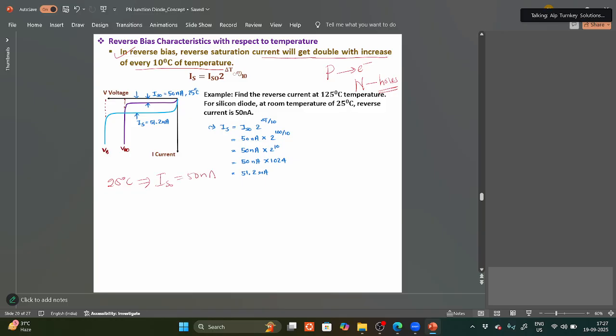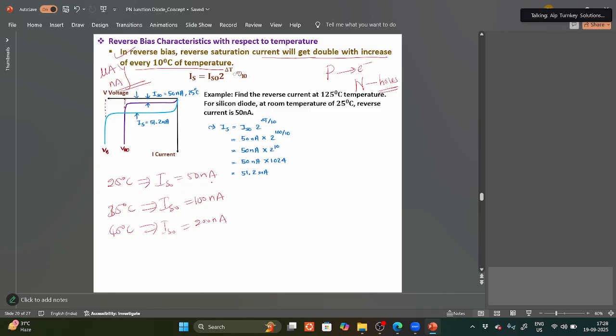I told you that the reverse saturation current is very small, in terms of microamps or nanoamps. If you increase to 35 degrees Celsius, Is becomes 100 nanoamps, it will be double. At 45 degrees Celsius, Is becomes 200 nanoamps.